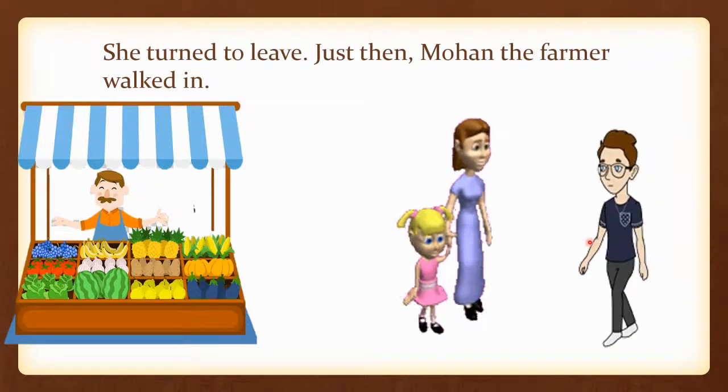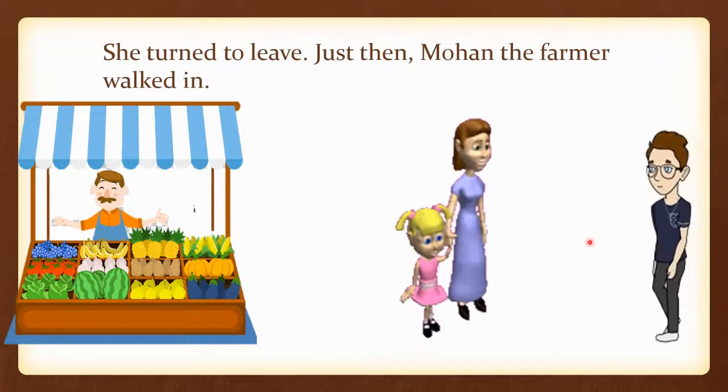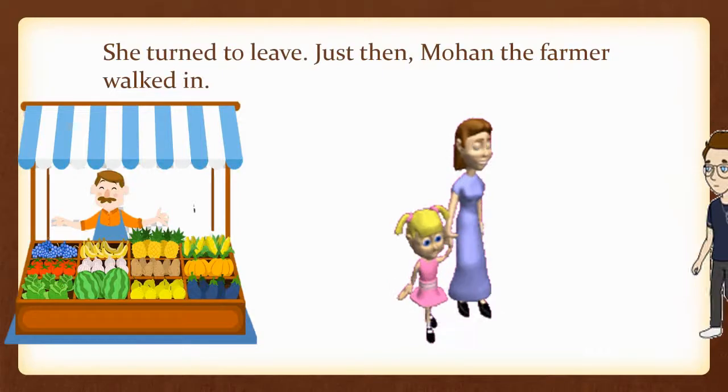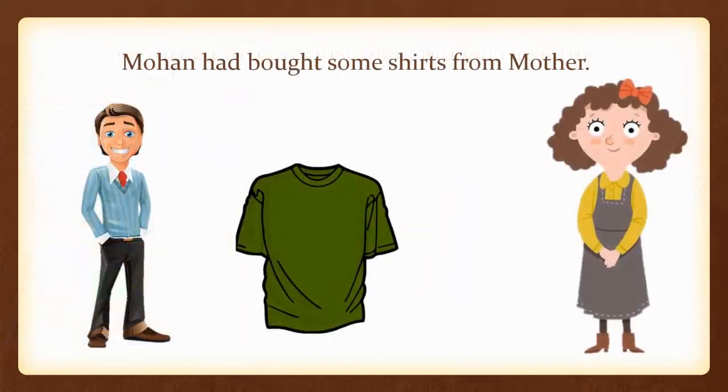So now let's see what this Mohan tells us. Mohan had bought some shirts from mother. So students, the farmer Mohan had bought some shirts from mother.